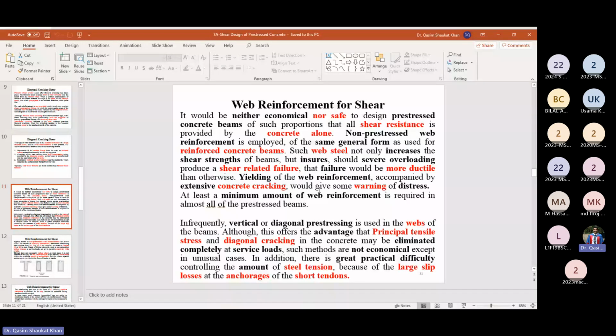So we will now focus on this web reinforcement provided to cater for the shear. So let's start. This is now a more important part, as we are proceeding towards the design. So, web reinforcement for the shear.